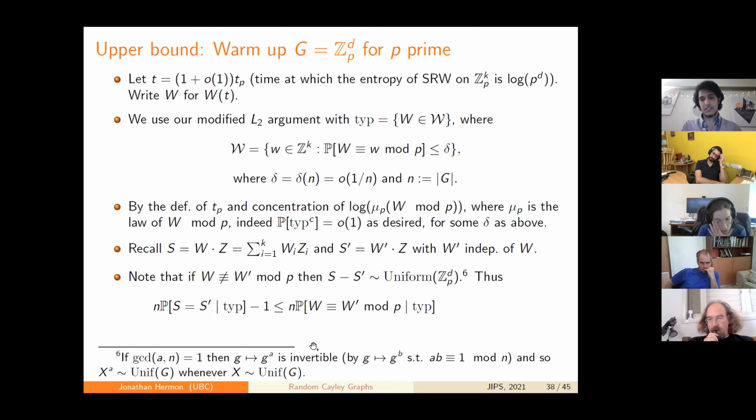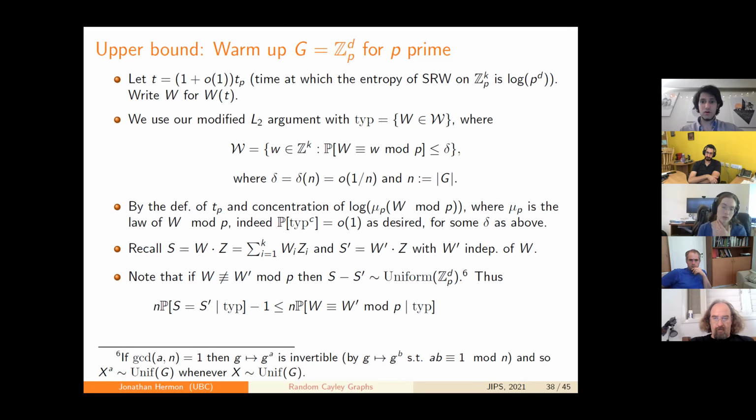So in our case, if W is not equal to W prime mod P, then when we look at the difference S minus S prime, there's going to be one term Zi that appears with a constant next to it which is coprime to the size of the group. Right? And just having this term would make the difference S minus S prime uniformly distributed.